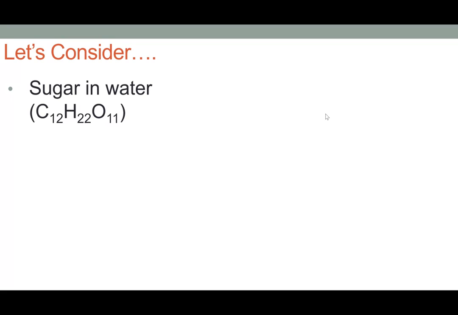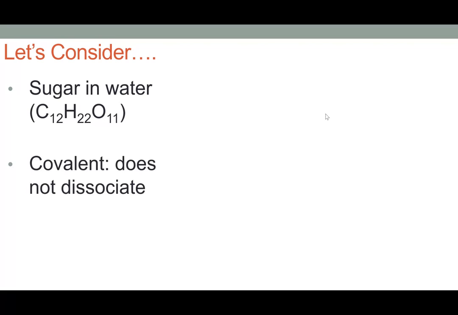When sugar dissolves in water, it does so by not dissociating. That word dissociate is just a fancy word for break apart. Sugar and all other covalent molecules do not break apart when we put them into solution.